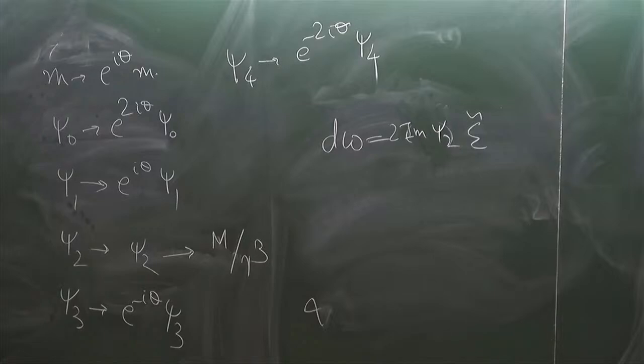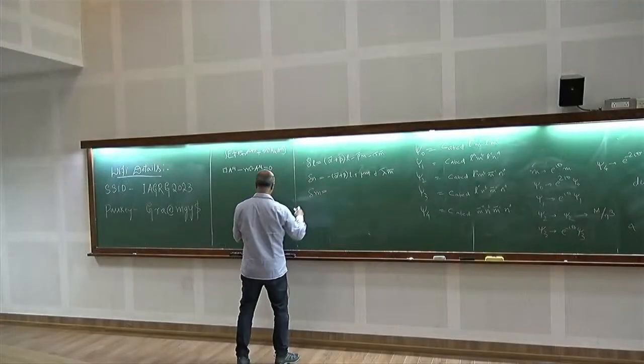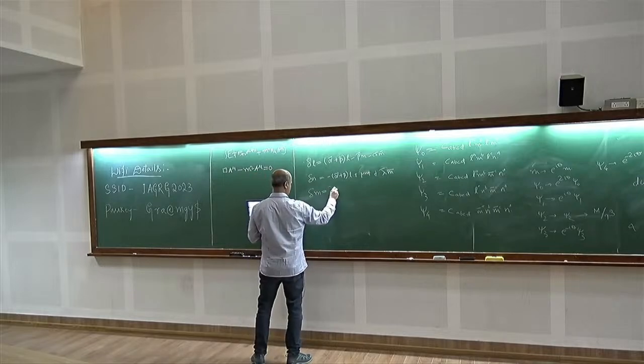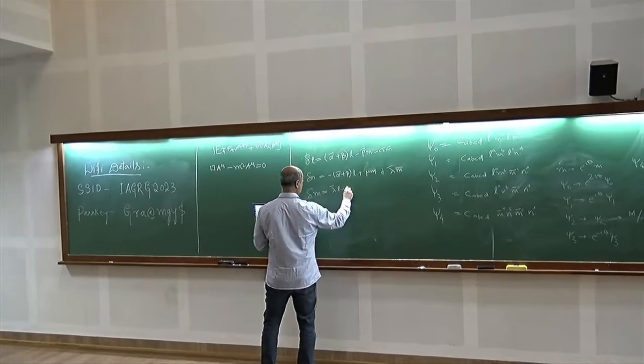So for that, let us look at delta m. That turns out to be lambda bar L minus sigma n.